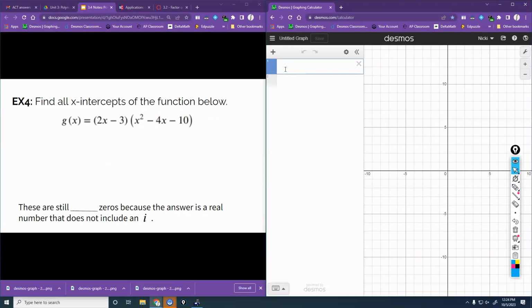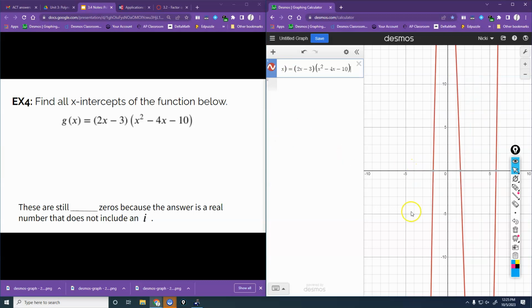So if I graph this on Desmos, I will get 0 at negative 1.742, at 1.5, which is actually a decent number to deal with, and 5.742.